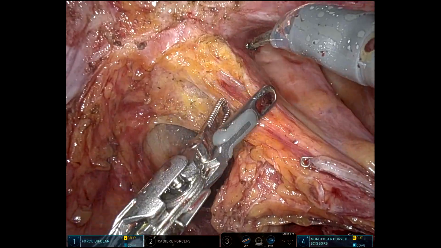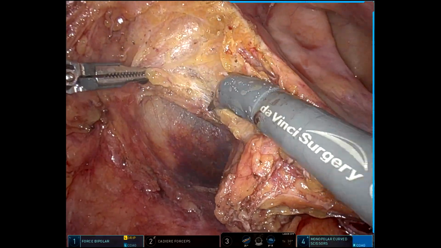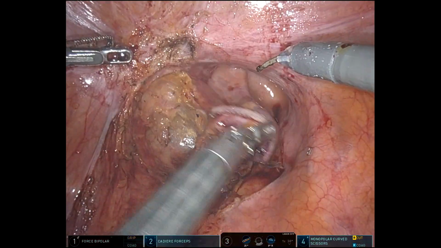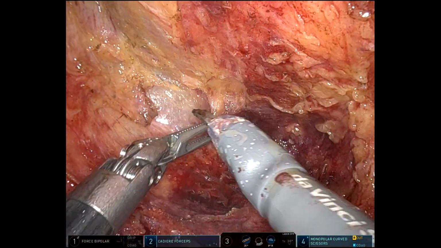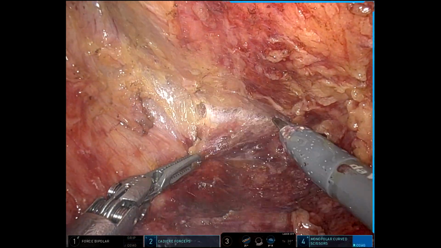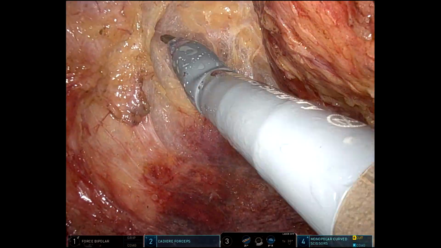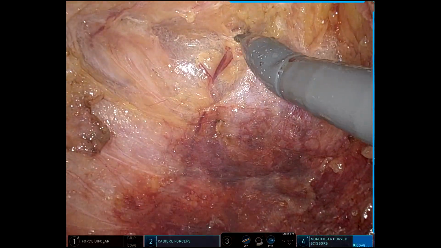So I'm just mobilizing the rectum a little bit. I know many people routinely do this down to the floor for benign disease. I don't usually, other than, again, in natural orifice extraction, but in this case I chose to do it for the lengthening maneuver, because you're going to see after doing this how easily the rectum comes up towards the sacral promontory.